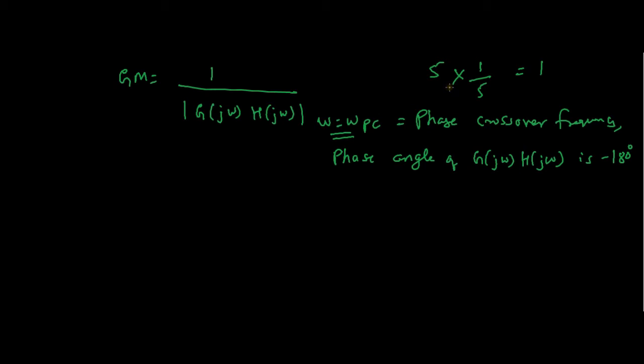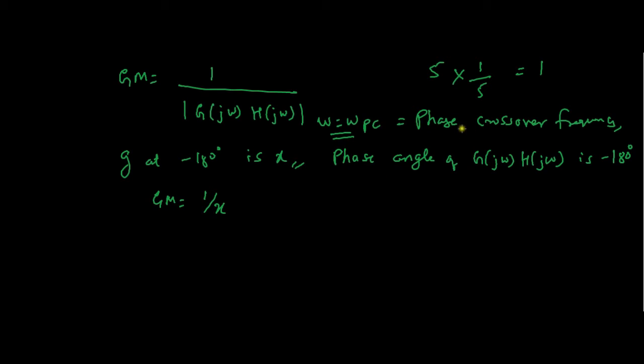The term increase or decrease refers to the value in decibels. This gain is not in decibels, so that's the only difference. If the value of G at minus 180 degrees is X, then the gain margin, GM, will be 1 over X. You should remember this formula to solve any problems.